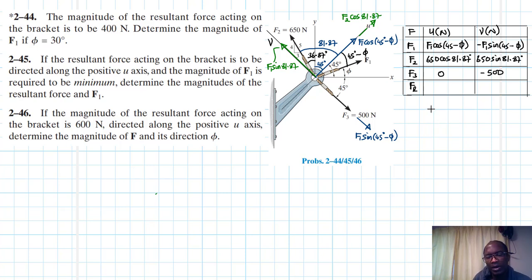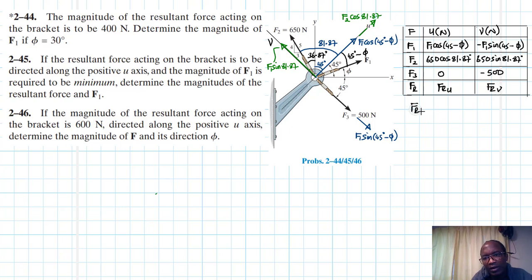Alright, so then we sum up this. My space isn't much in here, so instead of writing in this table, I'm just going to write down here. I'll have FRU and FRV.